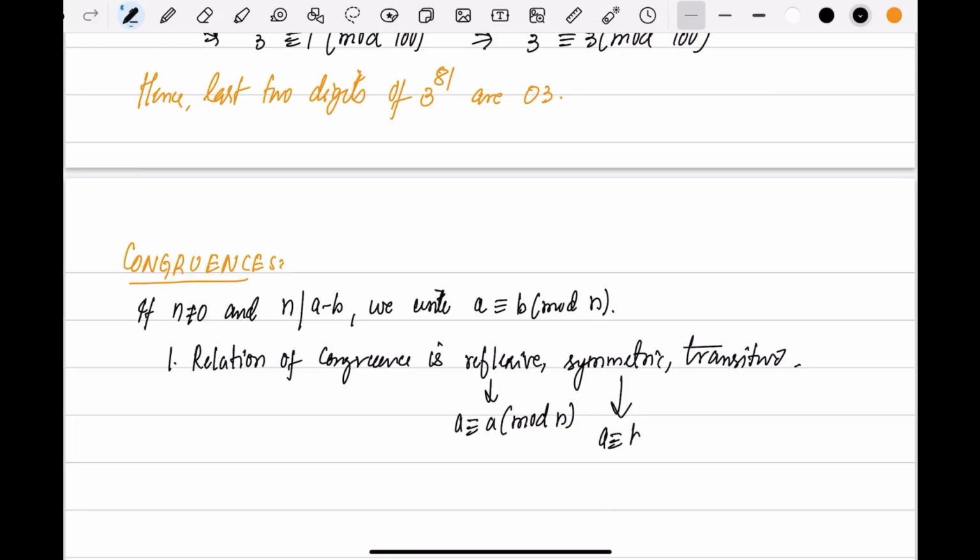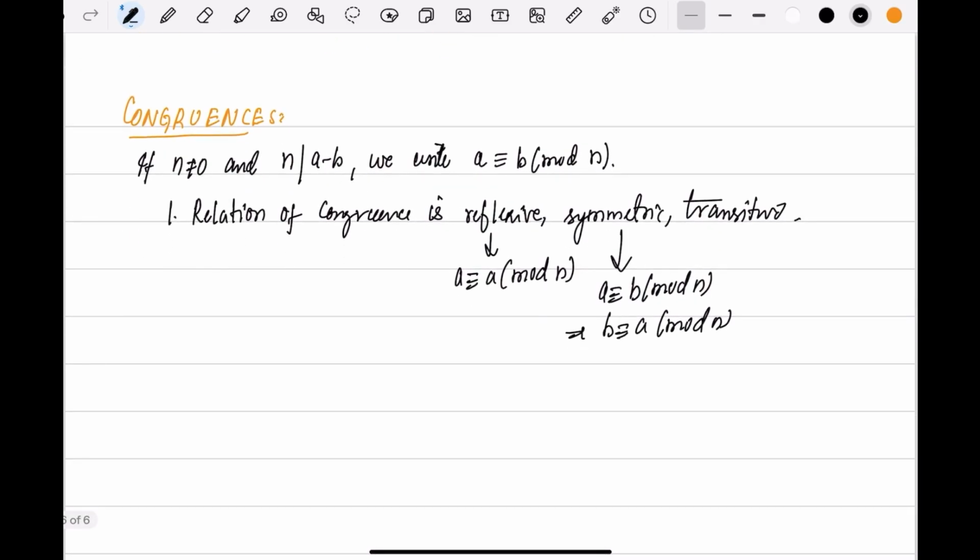By symmetric we mean a is congruent to b mod n implies b is congruent to a mod n. And for transitivity we must have a is congruent to b mod n given, b is congruent to c mod n given. Then these two imply a is congruent to c mod n. So that is what we mean by transitivity.